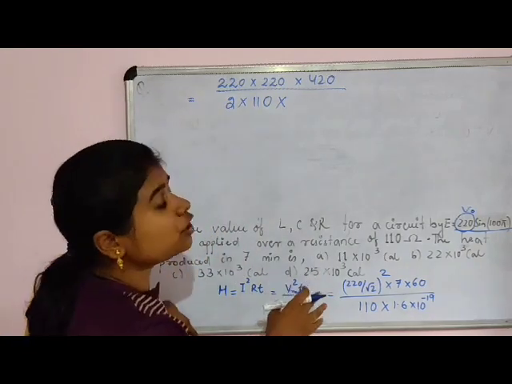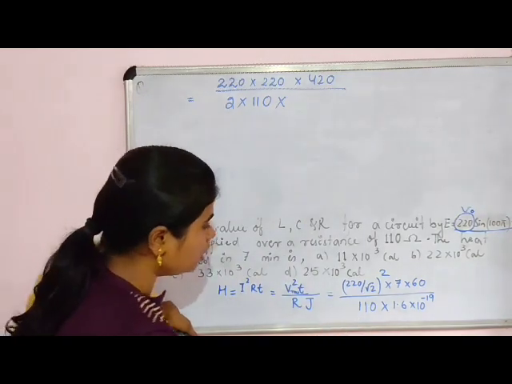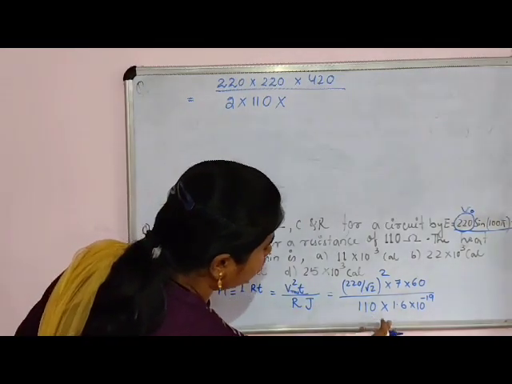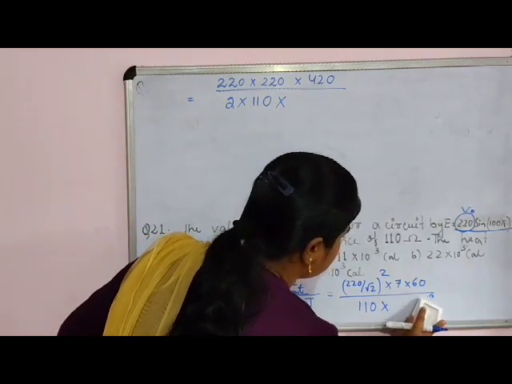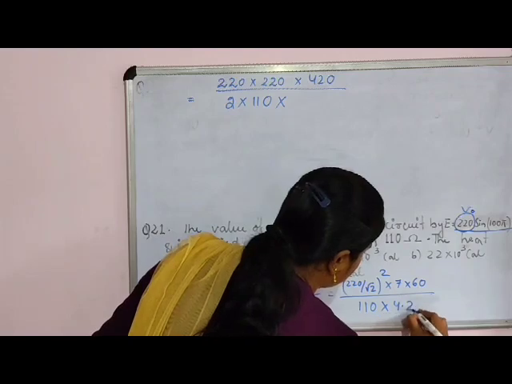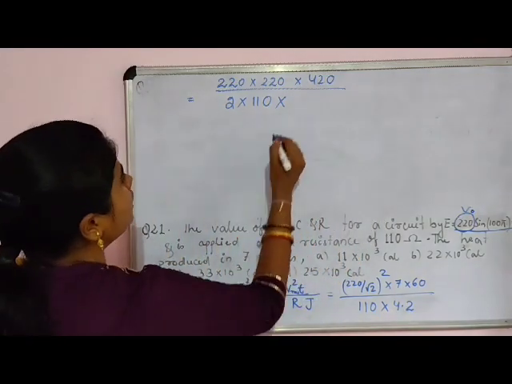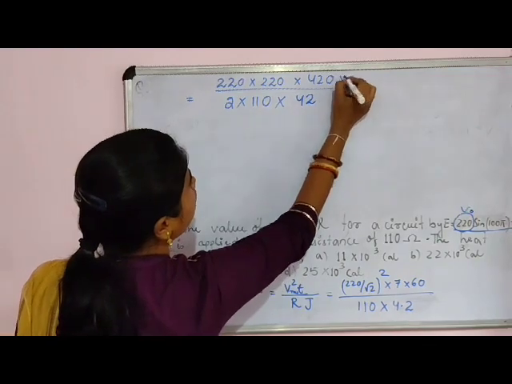We need to convert it into calorie, so 1 calorie is equal to 4.2 joule. So that will be 4.2, which I can write as 42 into 10.